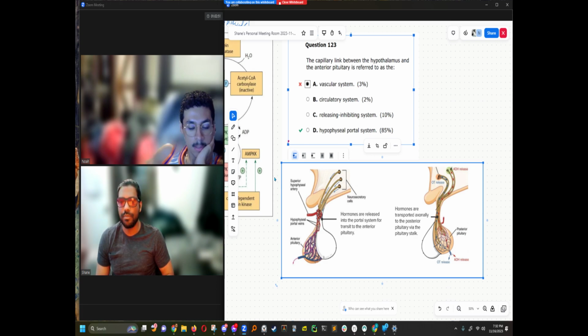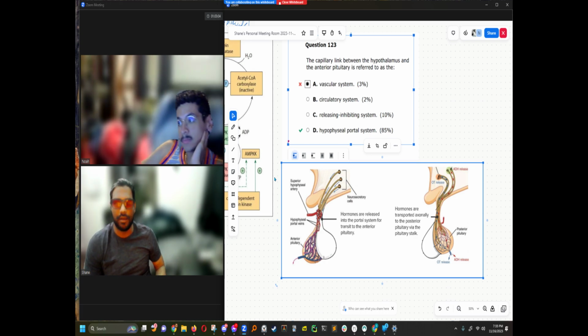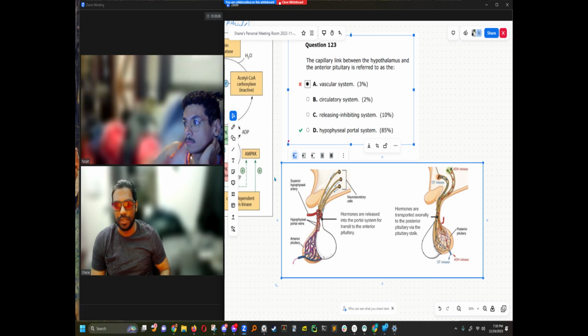Those are made in the hypothalamus, and then they travel through the actual neurons, and they come out in the posterior pituitary.